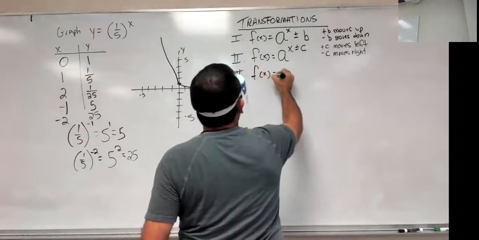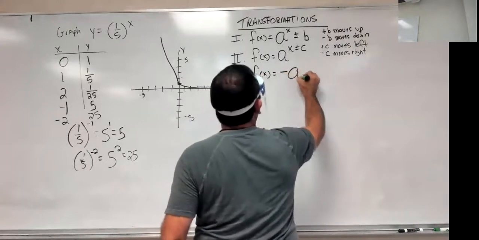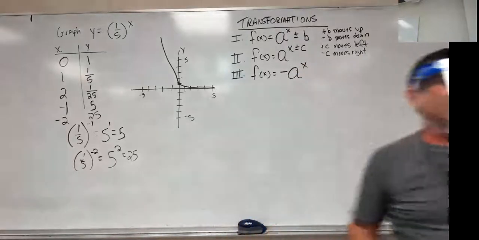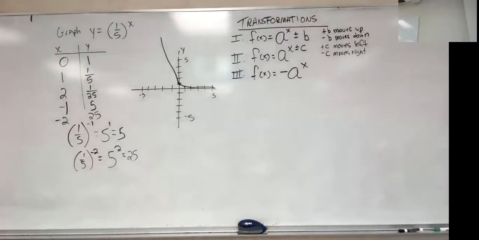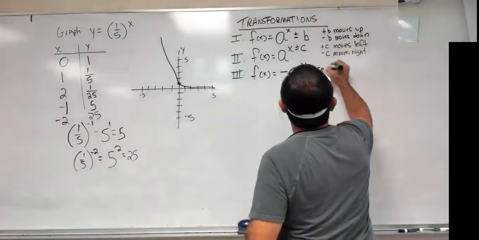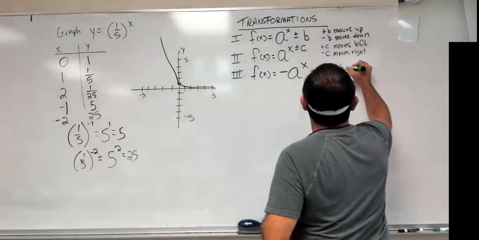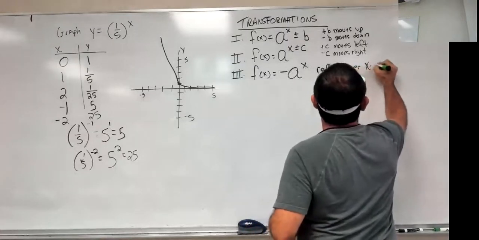F of x equals negative a to the x. So anytime I throw a negative in front of my function, it took that graph and reflected it right over the x-axis. So that's going to reflect over the x-axis.